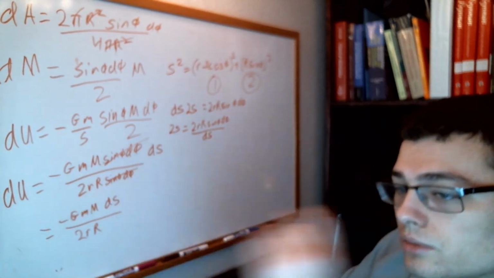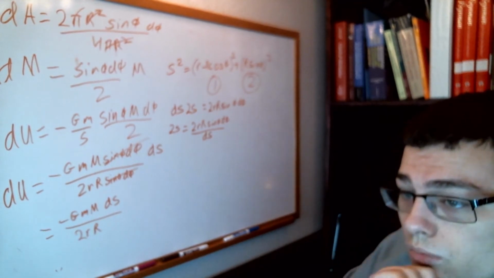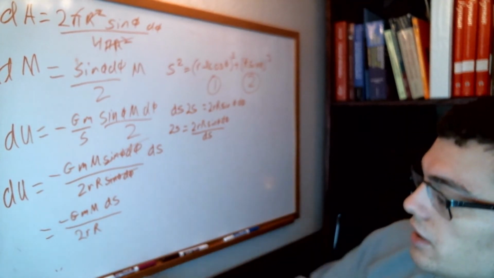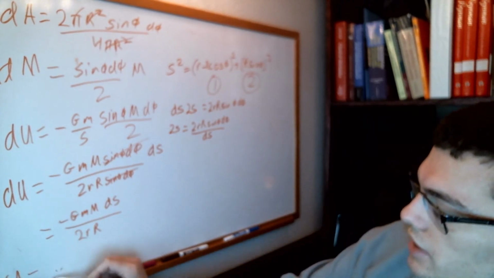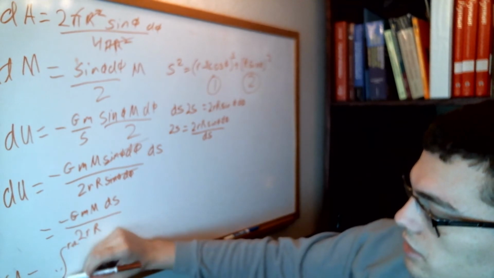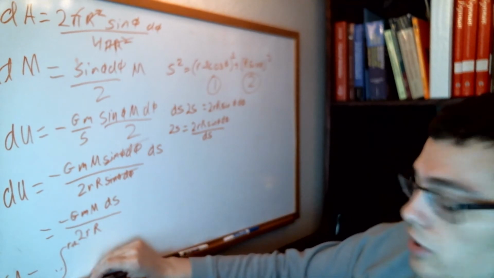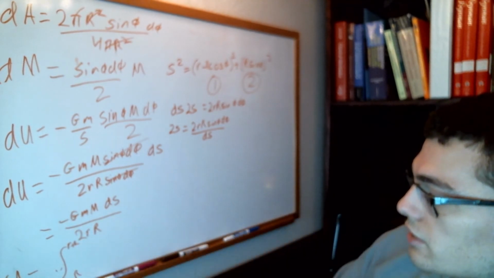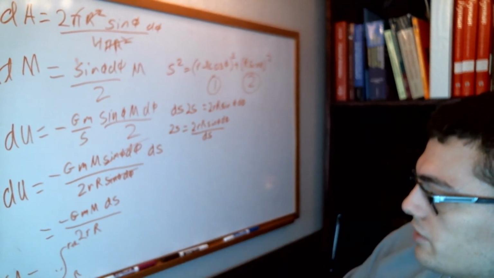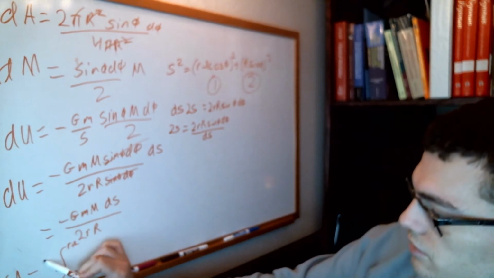Okay, so now what we can do is integrate ds, and so then we're going to get U on this side, and we're going to integrate from R minus r to R plus r. And so GMm and the 2 come out. So let's stick them out here.